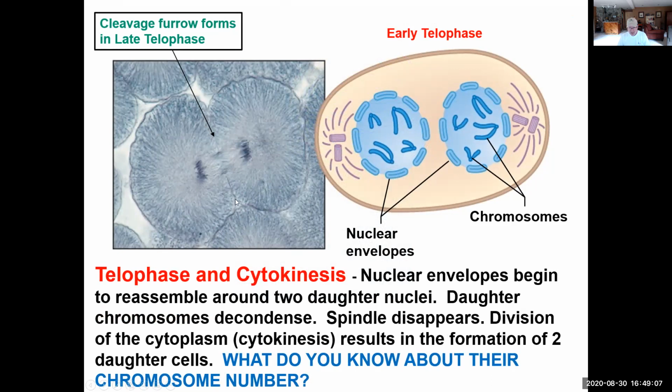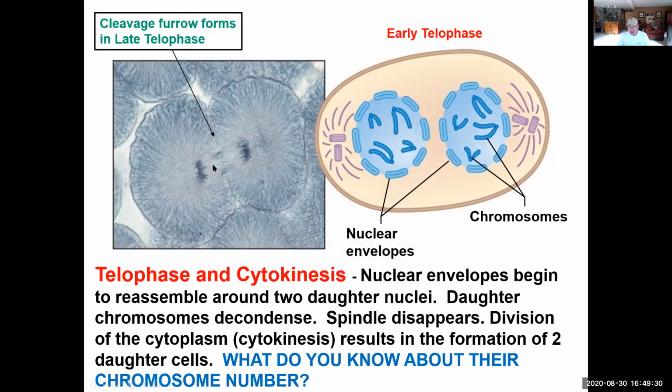You can see this sort of distinct line that's kind of forming here. It hasn't quite divided the cell in half yet. The cell is beginning to sort of pinch in half. So cytokinesis is beginning to take place. We're starting to reform nuclear envelopes around these daughter chromosomes.